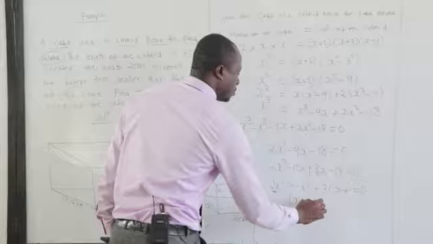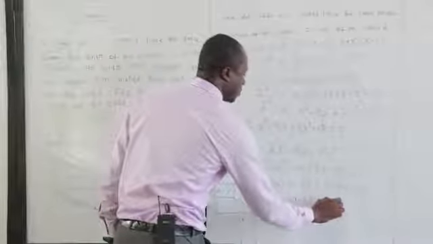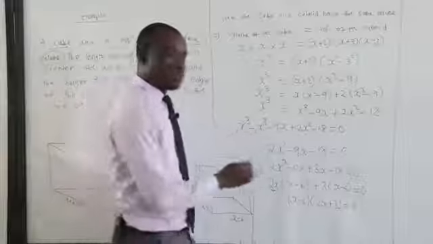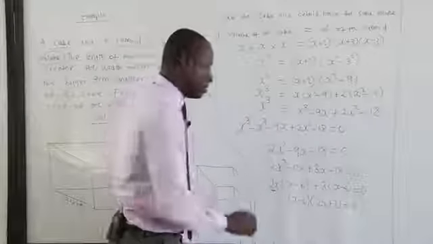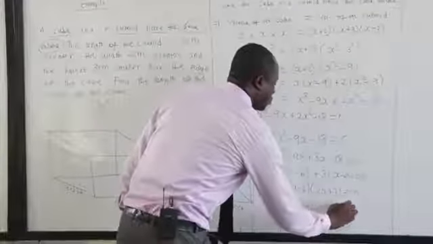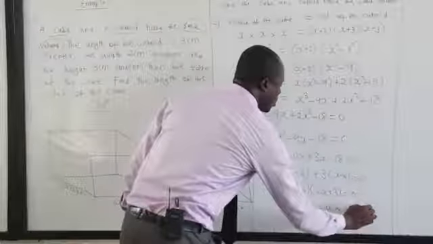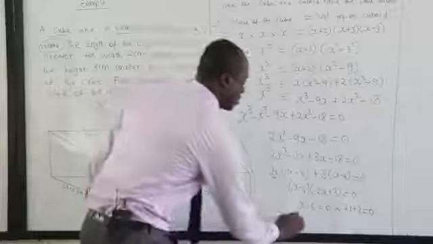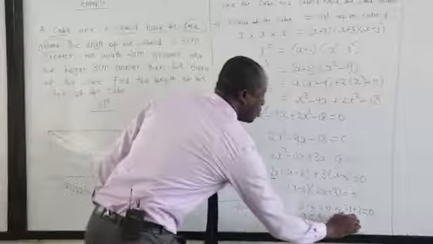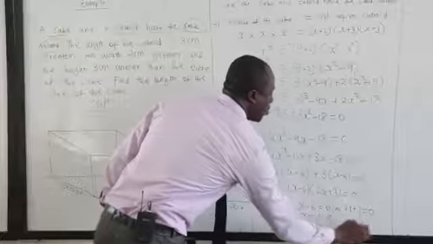What is left? 2x plus 3 equal to 0. We are multiplying two things equal to 0. We have x minus 6 equal to 0, or 2x plus 3 equal to 0. Clearly, x is equal to 6, or here our x will be what? Negative 3 over 2.